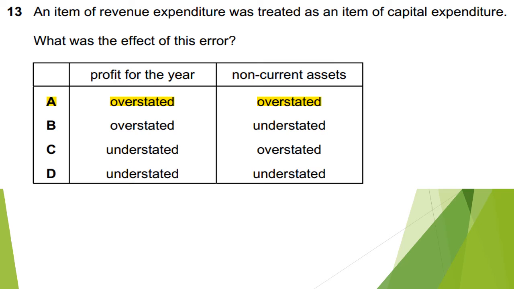And non-current assets overstated, because when we treat it as capital expenditure, the non-current assets will be overstated, and when expense decreases, the profit will be overstated.